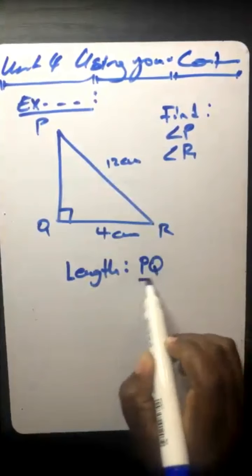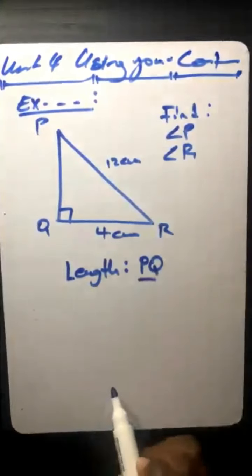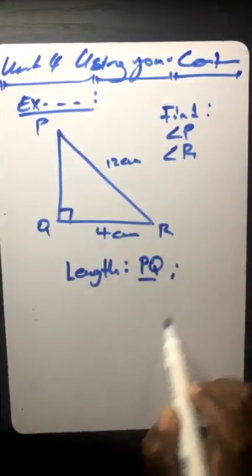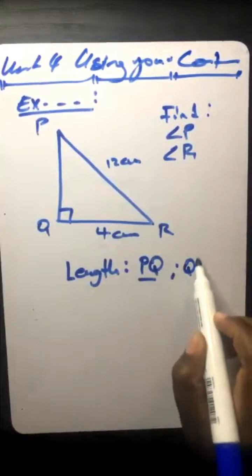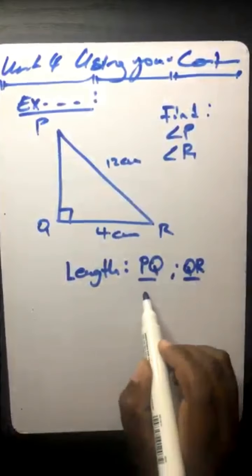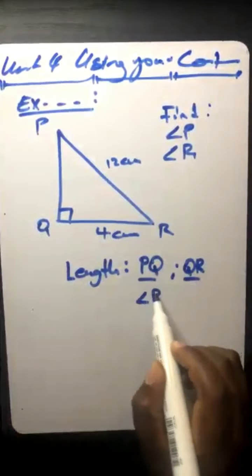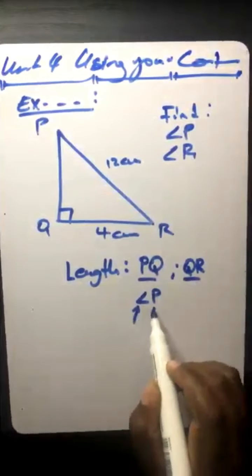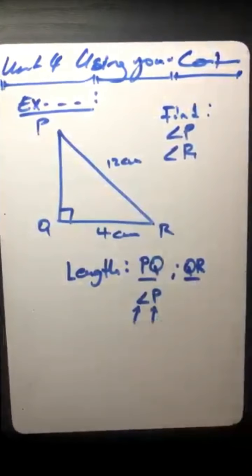So the moment in trigonometry they write something in capital letters, you know they talk about the length. Otherwise, they can say the length of QR. Because it's in capital letters, it means it's a length. But the moment they write P, this is an angle, the angle at point P. Make sense?